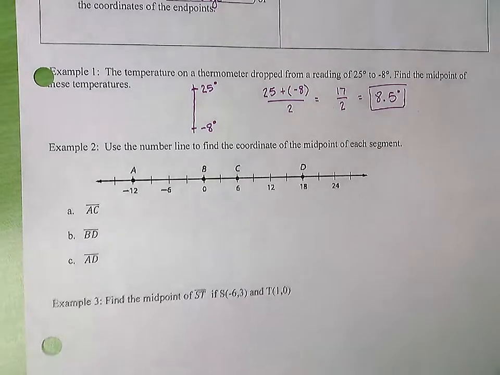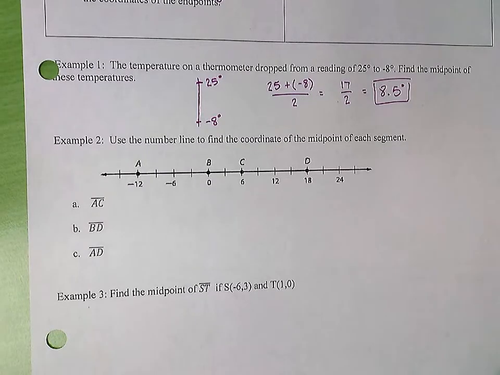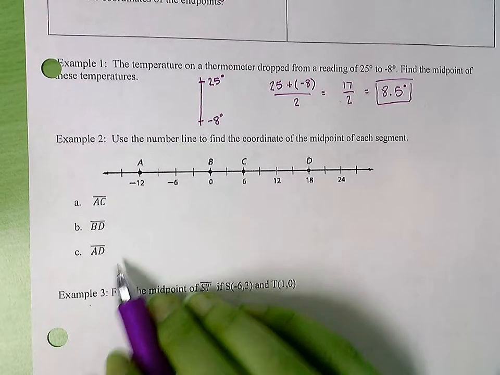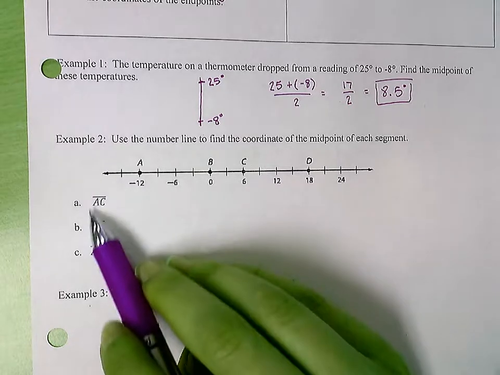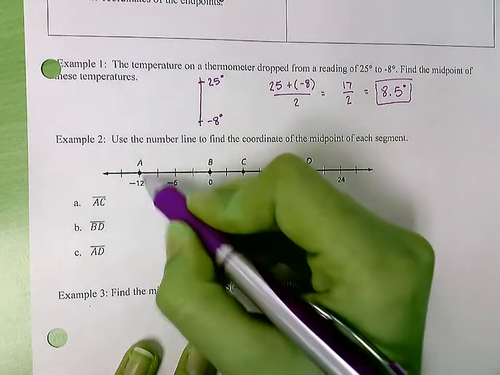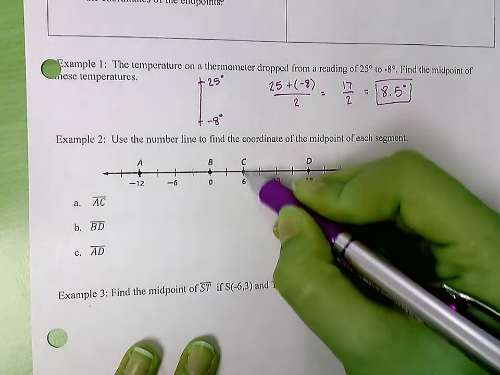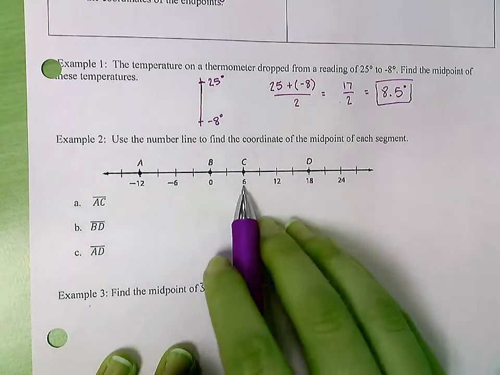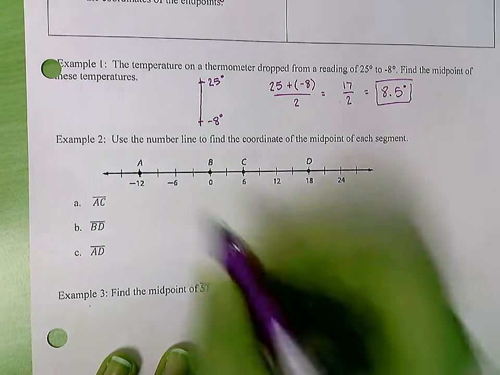Okay, example 2. We have a couple parts here using a number line again. We want to find the coordinate of the midpoint of each of these segments given to us. So letter A, we want to find the midpoint of AC. So we have A here and C here. Again, we're going to average those two coordinates.